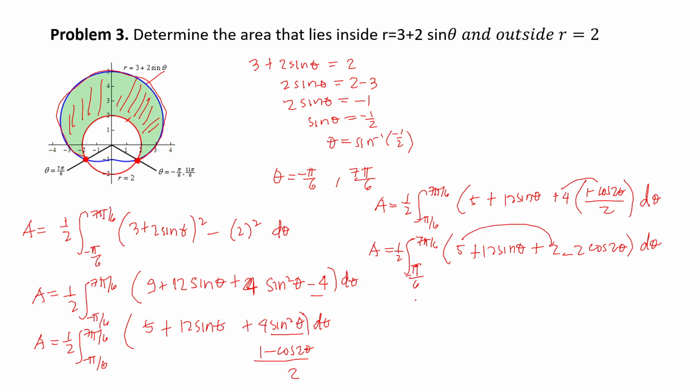This will become 7. Area is equal to 1/2 integral from negative pi over 6 to 7 pi over 6 of 7 plus 12 sine theta minus 2 cos 2 theta d theta.